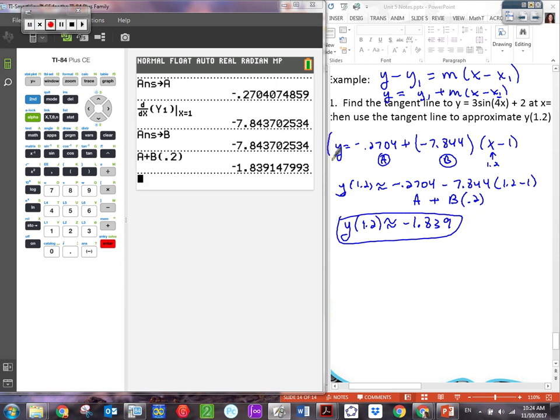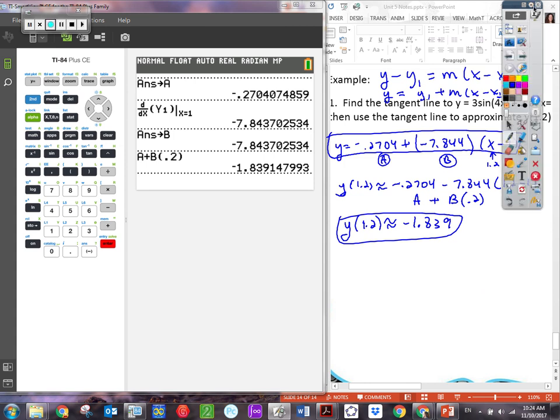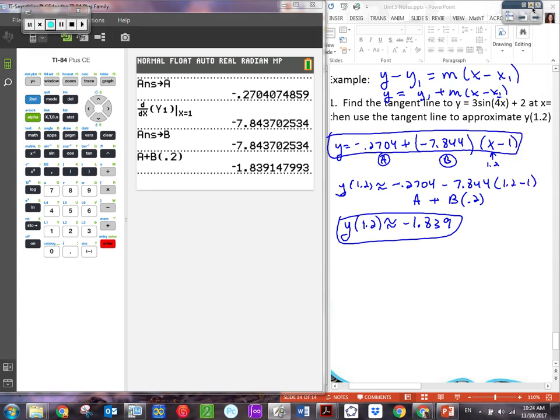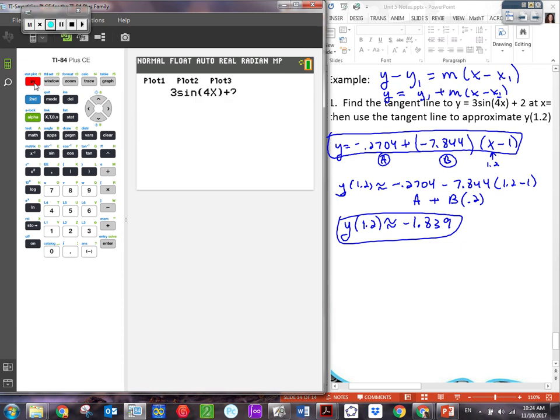So we have our tangent line right here. We have our approximation right here. Okay, so what I would like to do is graph this tangent line and our original function and just kind of show you what we found. Let's just look at it, see what it is. So let's go to our calculator, to the y equals. I have my function in there already, right? I want to write my tangent line here.